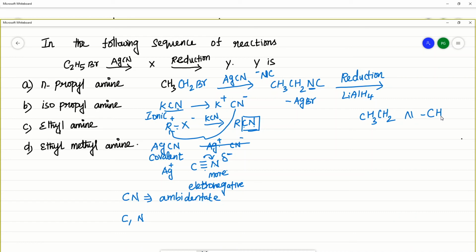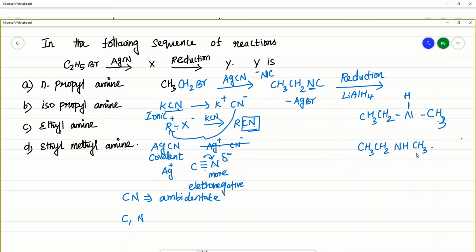You will be getting CH3 here. And we know nitrogen has only 3 bonds and only 1 hydrogen is added here. And carbon is 4 bonded, so 3 hydrogen will be added. So finally, we will be getting CH3CH2NHCH3.